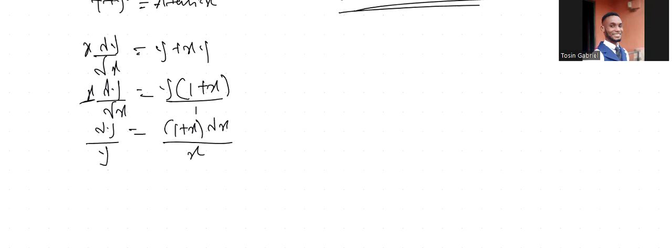Okay, so what we'll simply do is we integrate now. Let's integrate. So if you integrate, this is the same as integrating 1 over y. So if you integrate 1 over y, you're going to have ln y, which is equal to, let's separate it first before we integrate, 1 over x dx plus integration of x divided by x, which should give you 1, right?